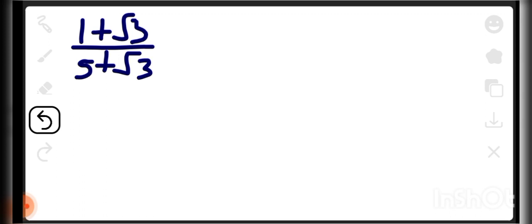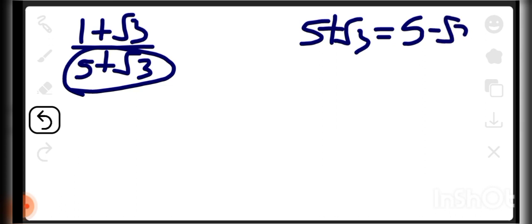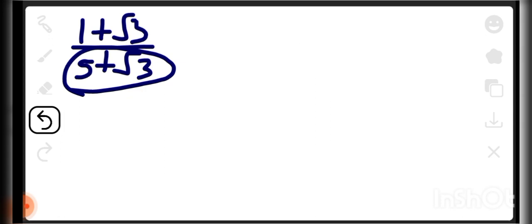So the first thing we are going to do now: what is the conjugate of the denominator? What is the conjugate of 5 plus root 3? Conjugate is 5 minus root what? Root 3. 5 minus root 3. That's the conjugate.